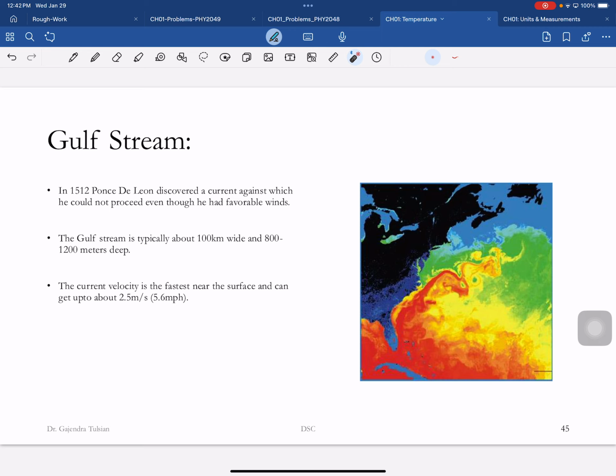When you're on the beach, you guys have seen those Embry-Riddle planes flying? That's a kilometer. So imagine a river as wide as half the width of Florida and flowing that way. It's carrying a lot of warm water.